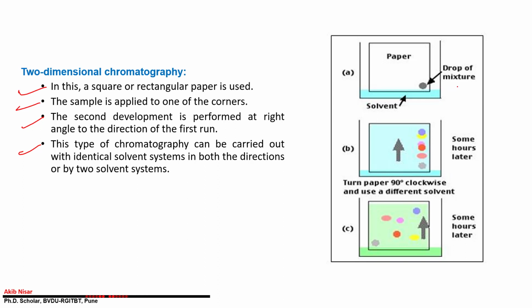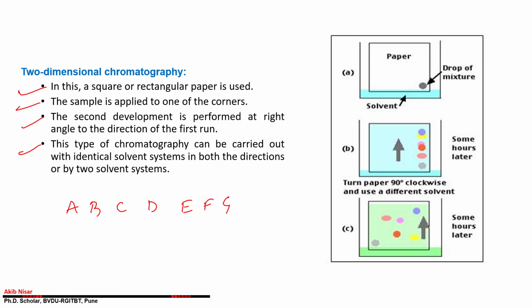This is the two-dimensional. Just as an example, sometimes there is a mixture of compounds. When you are using some type of solvent or mobile phase, polar or non-polar, you are sometimes using a mixture of compounds. Just imagine the mixture of compounds is A, B, C, D, E, F and G. Why do you use two-dimensional chromatography?